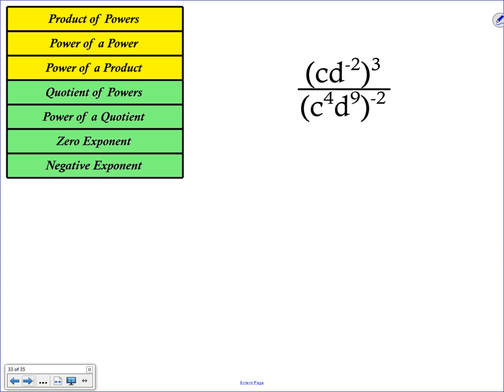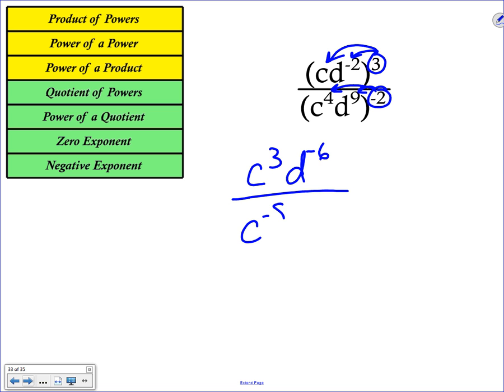Again, this problem you could do a couple of different ways. I'm going to first distribute my 3 in the numerator and my negative 2 in the denominator. C cubed, d to the negative 6 over c to the negative 8, d to the negative 18. And because I don't like working with negatives, I'm going to go ahead and move things.